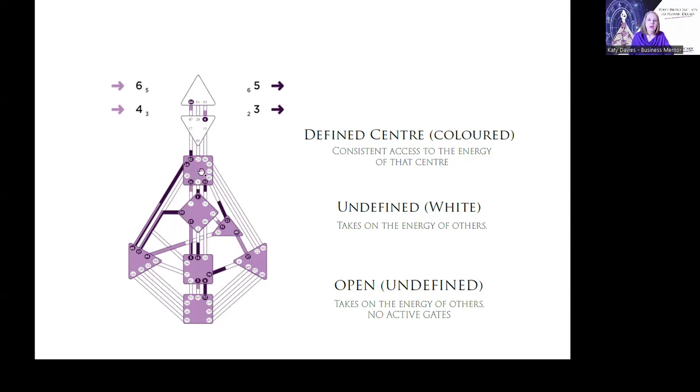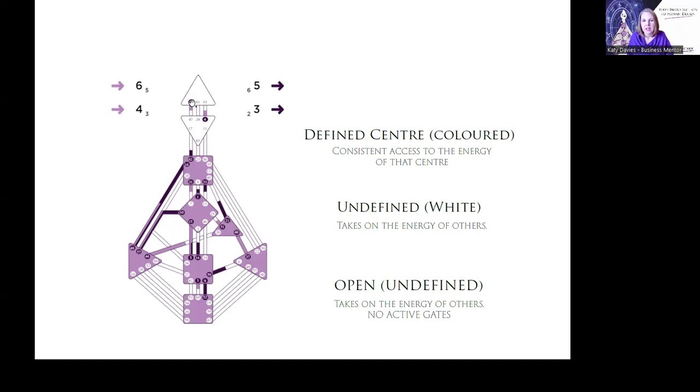And so again, when we're looking at things in the chart, if we're looking at gates, or the effect the gates in certain centers have on us, if they're in a defined center, it means that they're consistently going to be there. They're consistently playing a role.